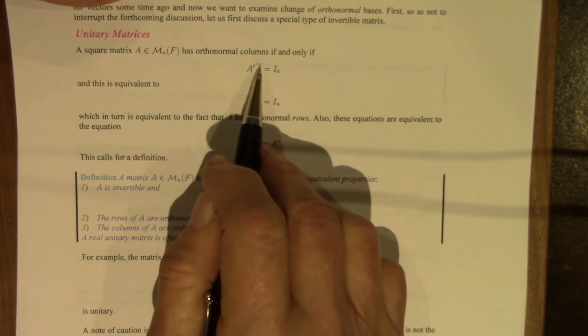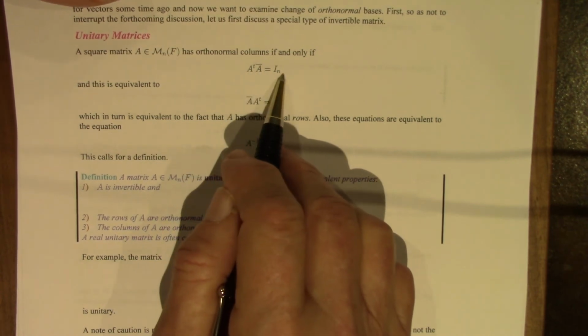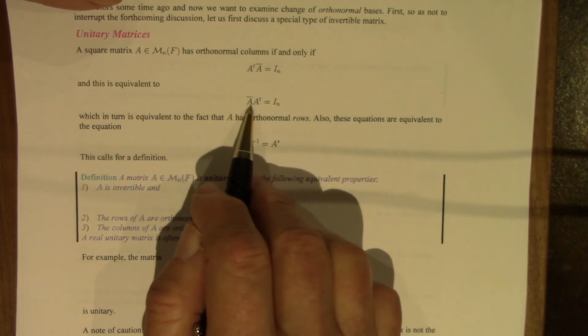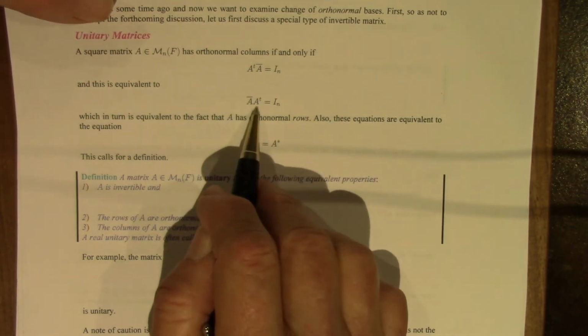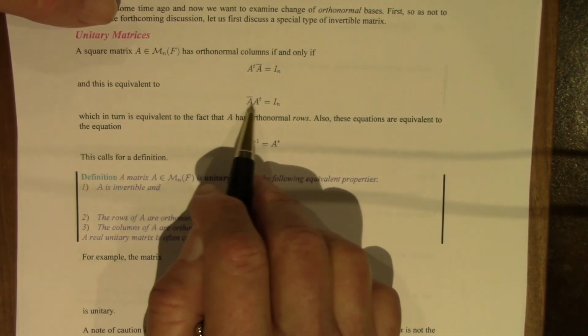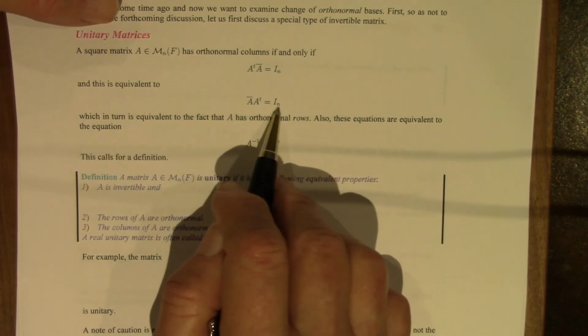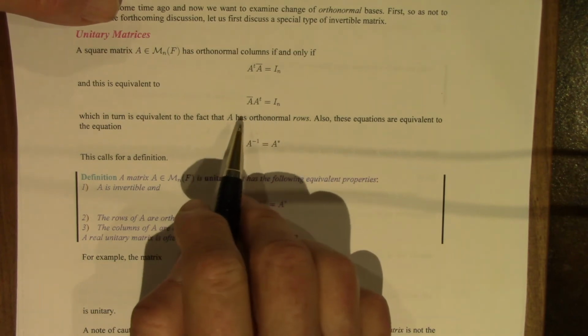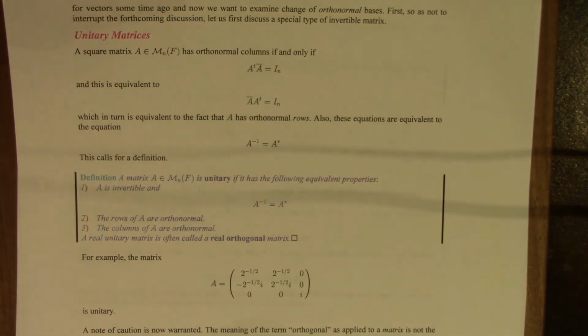Since A transpose and A bar now are invertible, this is also equivalent to placing these two in the reverse order. A bar A transpose is the identity, and that is equivalent to the fact that the matrix A has orthonormal rows.